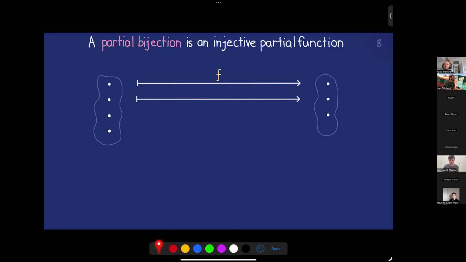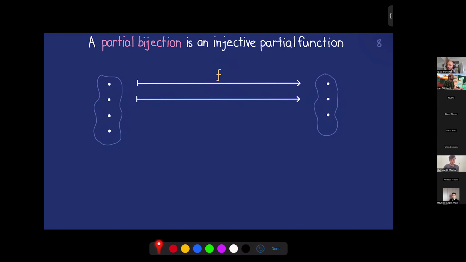So for the first example, we're going to consider these things called partial bijections. A partial bijection is an injective partial function between two sets. Here I have a set with 4 elements and a set with 3 elements, and F is a relation between these two sets, but it's a partial bijection, so it's an injective partial function.